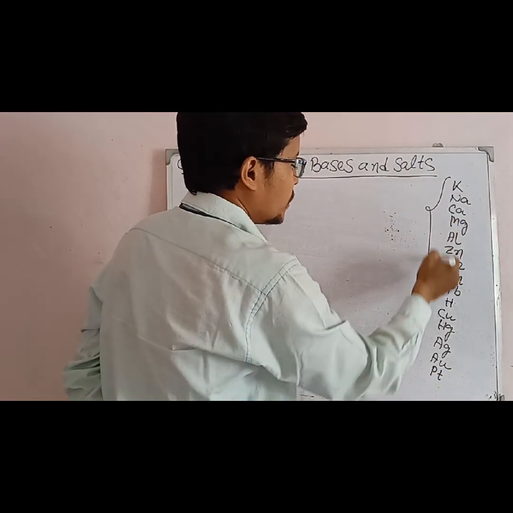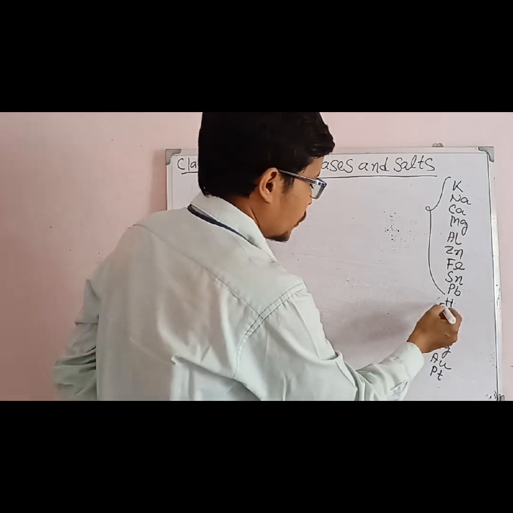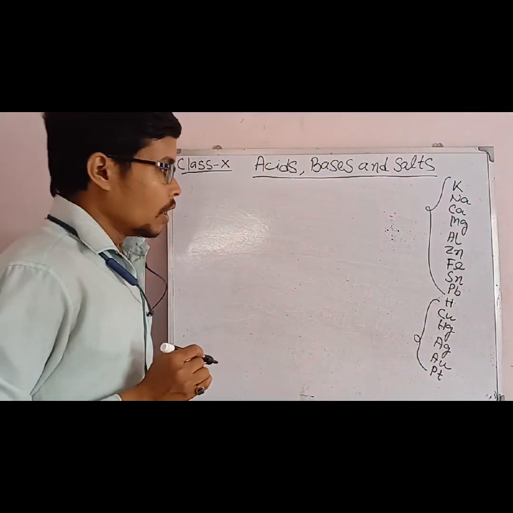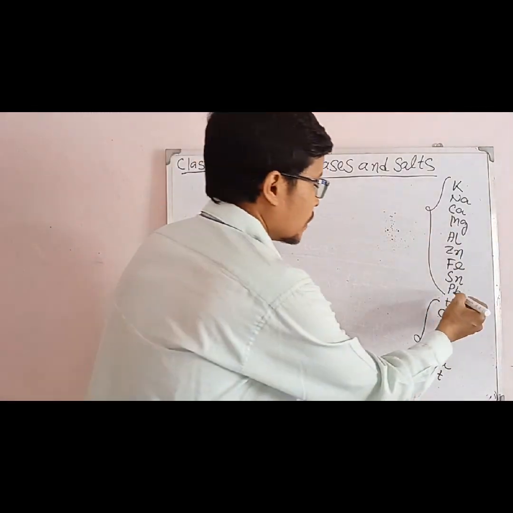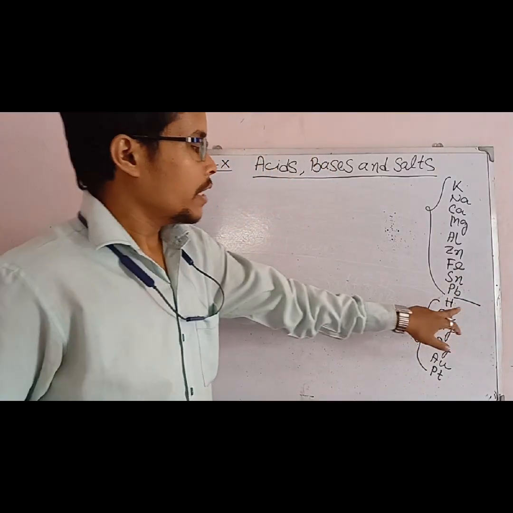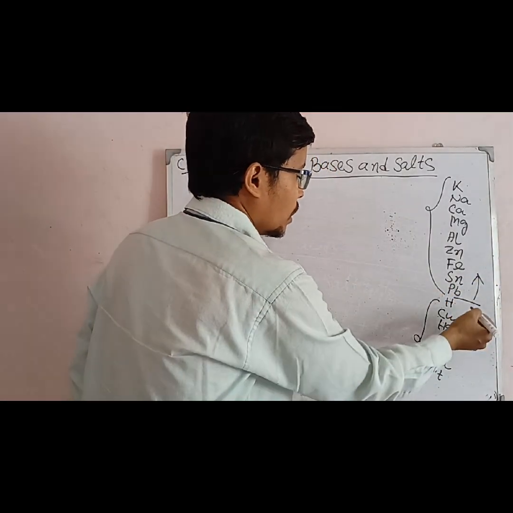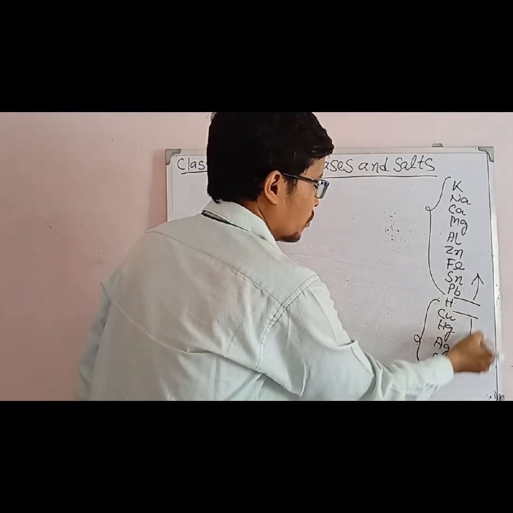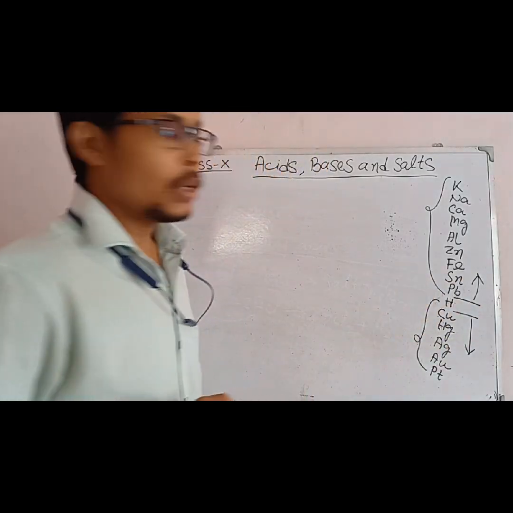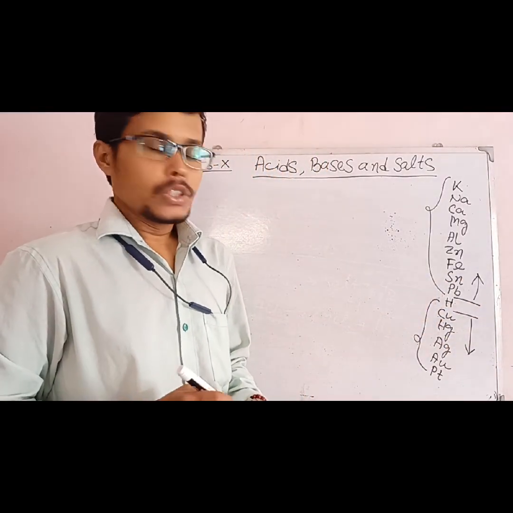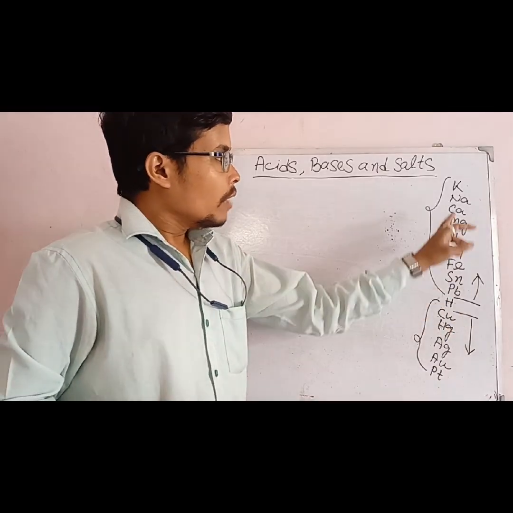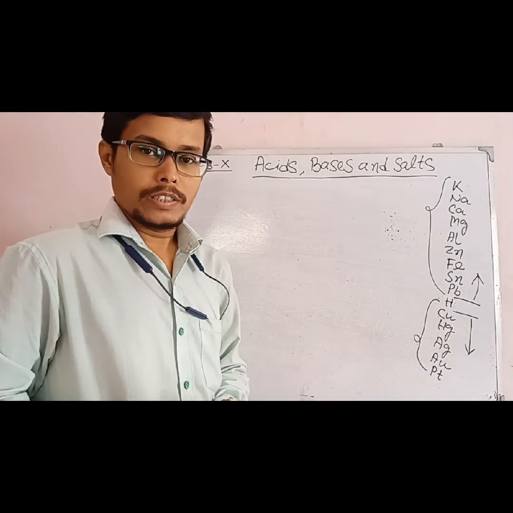Here we can classify the metals into two groups. The position of hydrogen here is important: the metals that are present above the hydrogen, and the metals that are present below the hydrogen. All of you know about the displacement reaction from the first chapter.